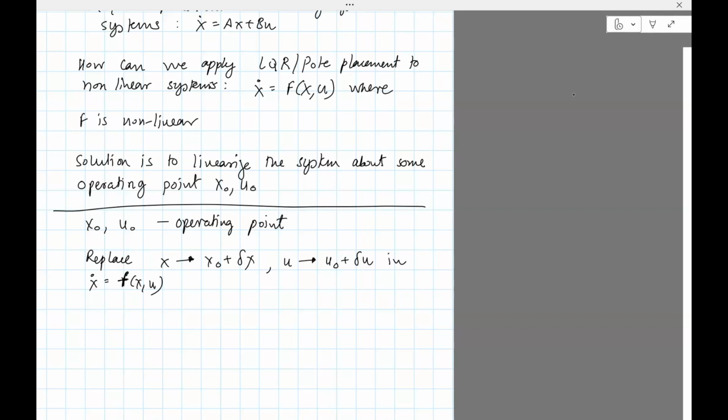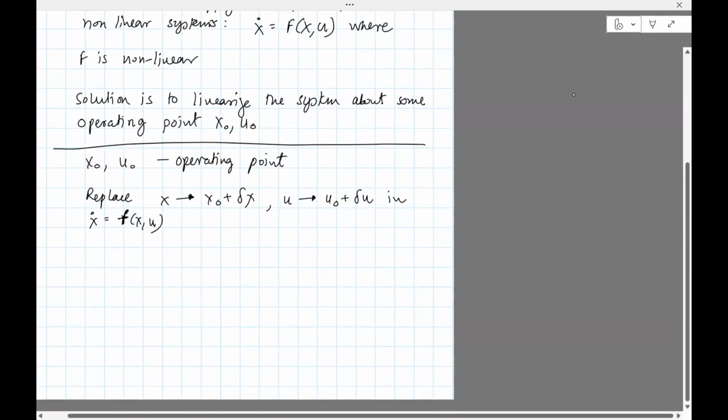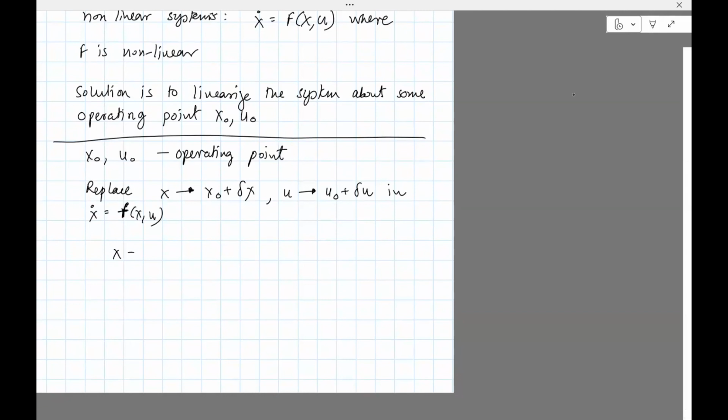In other words, with x0, u0 an operating point, we look at a small deviation of the state by delta x and a small deviation of the control, delta u. So we can write (x0 plus delta x) dot equals f of x0 plus delta x, u0 plus delta u.